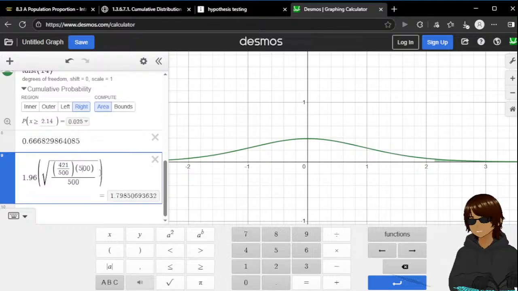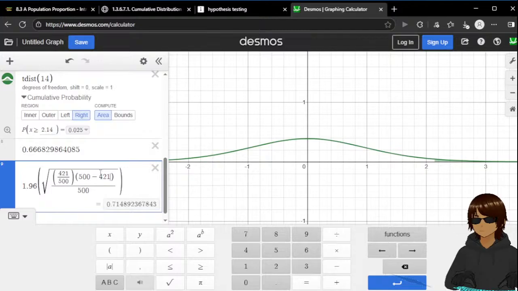Sorry, 500 minus 421. Well, this divided by 500, but it doesn't make a difference. So in 0.71489.